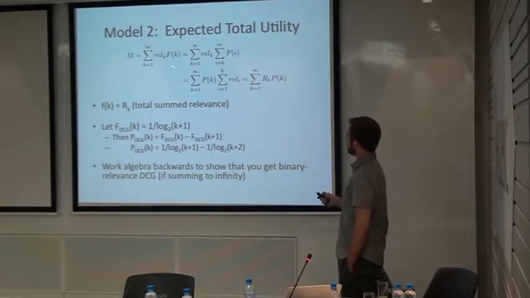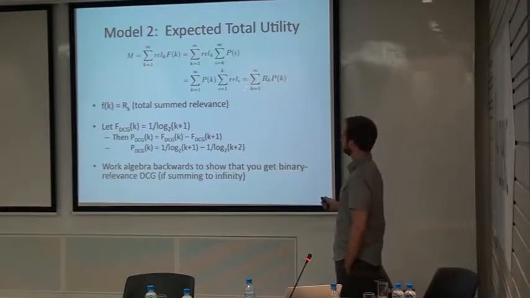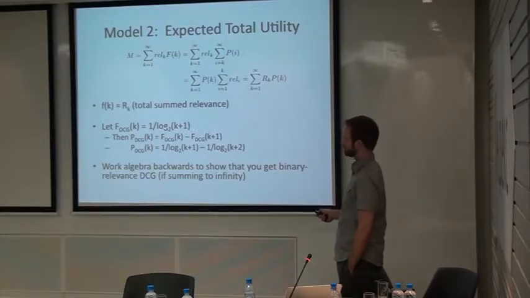Essentially what this measures is effectiveness as the expected relevance of the document at the rank the user is stopping at. Intuitively, this means that there's only one document that matters to the user, and that's the one they stopped at, or the one they looked at last. That's why I call this expected utility at the stopping point.